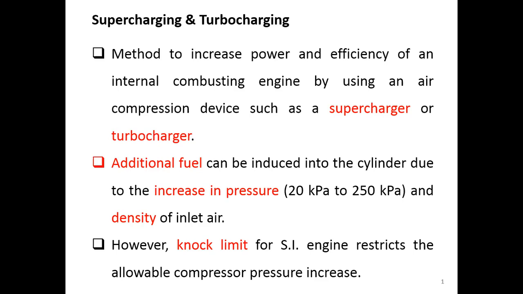This is the range of the pressure increase in the air due to the superchargers or the turbochargers. The density of the air that we introduce also increases, so we can add more fuel. That's the reason why the power and the efficiency of the engine increase, due to the extra fuel that can be introduced into the cylinders.